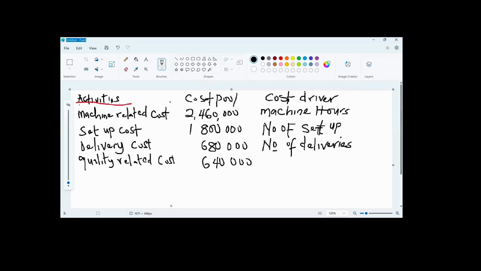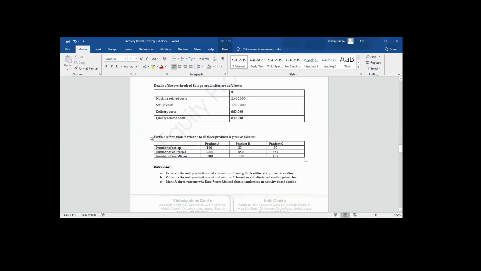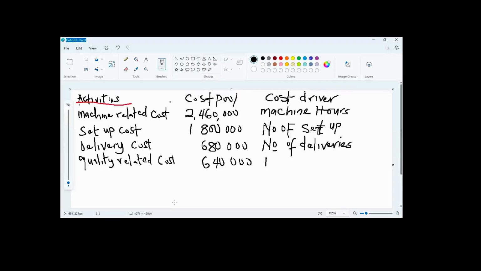Quality-related cost: if you are to achieve quality, we must do inspection. The cost driver is the number of inspections.